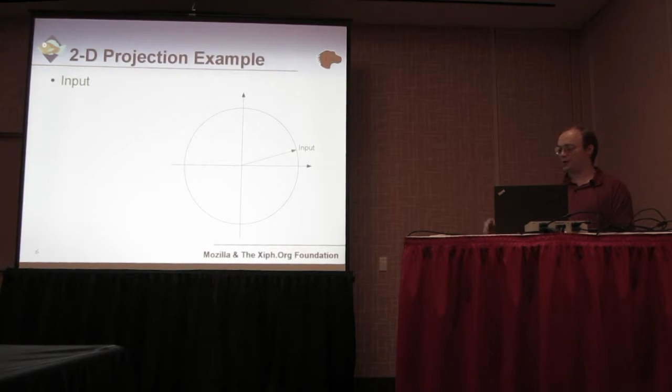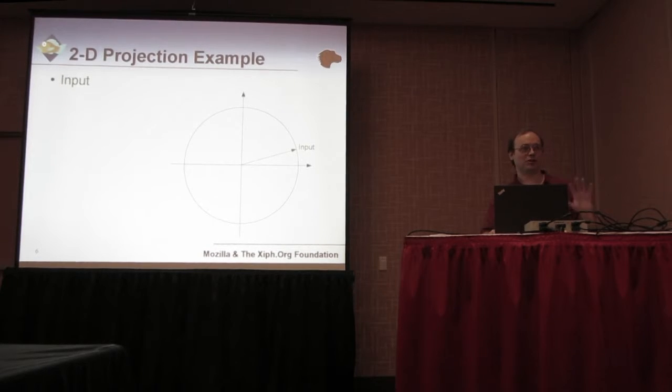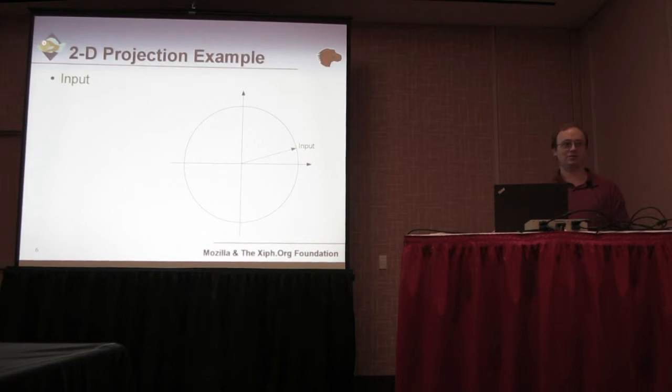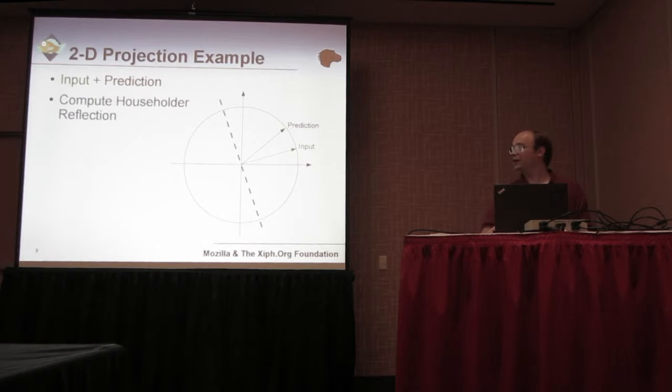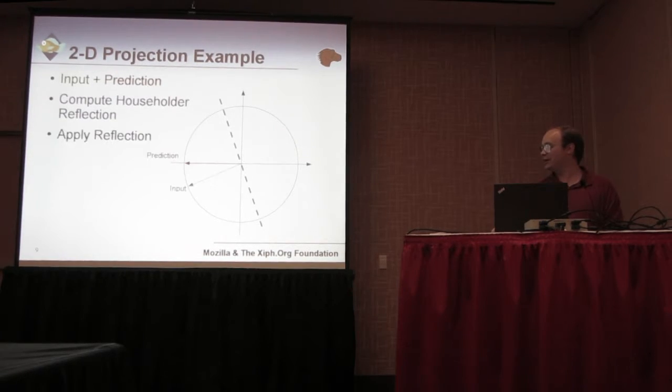So we can start off, this is just a 2D projection of a higher dimensional example, but we have an input vector, and we have a prediction vector, and both the encoder and the decoder know what the prediction vector is. So they can use it to compute a Householder reflection that maps the prediction onto one of my axes.